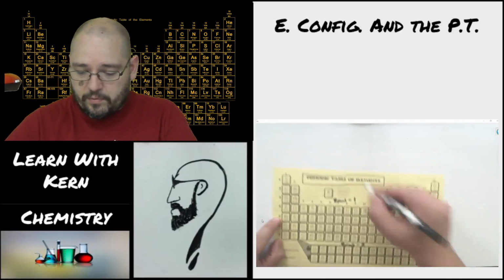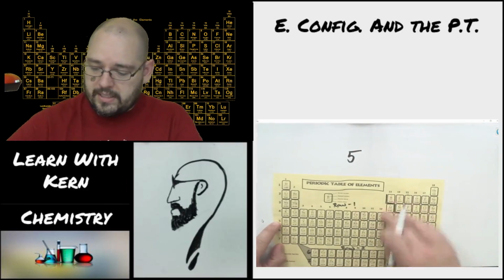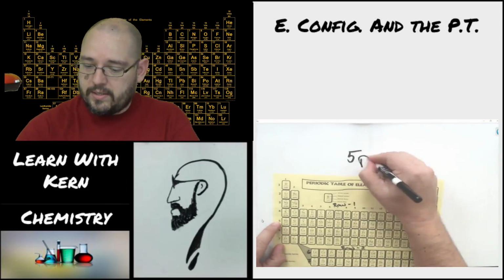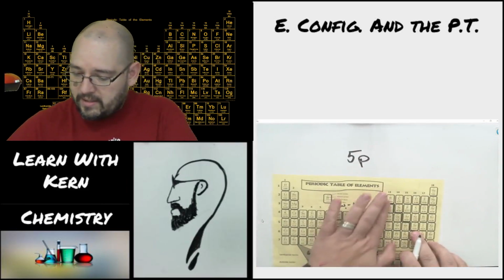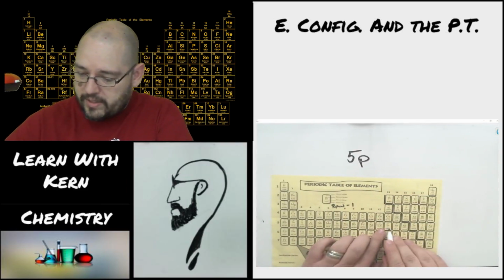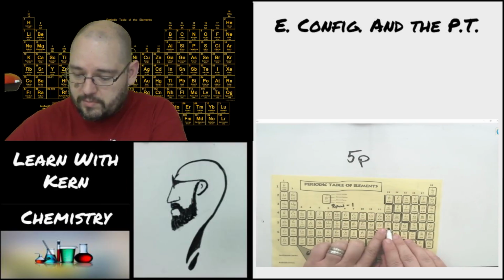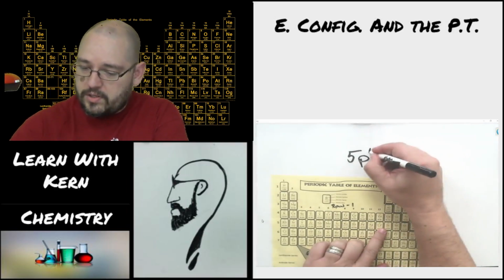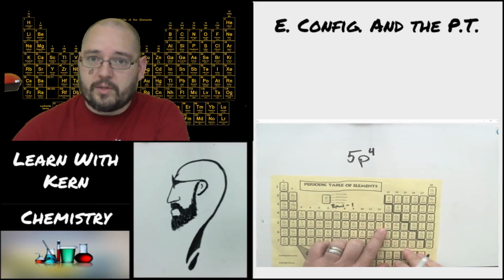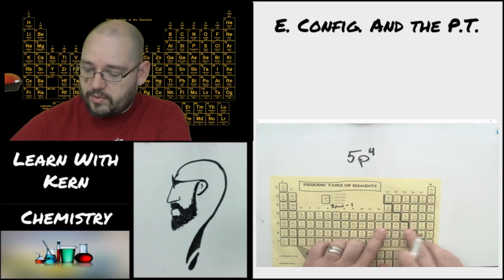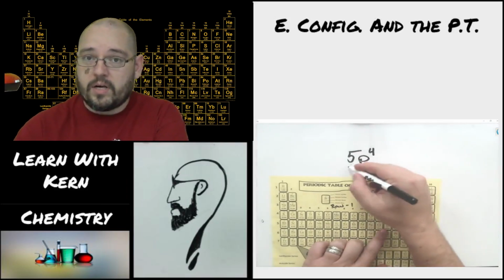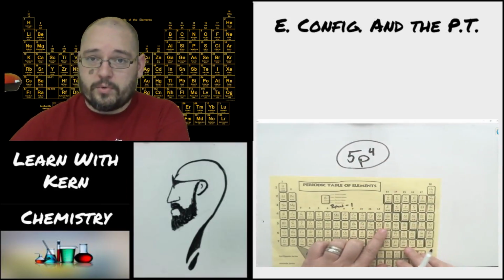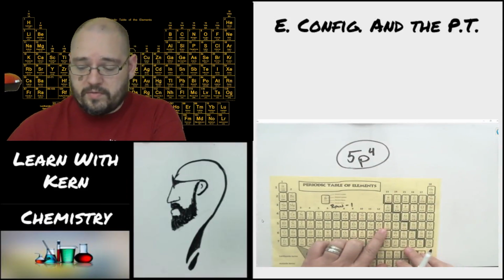It's in the 5th row. It's in the P block. And in the P block, notice the P block starts right here. So this is the first element in the P block. So it's 1, 2, 3, 4. So it is the 4th element in the P block. So it's 5p4. This is the last term of tellurium's electron configuration.